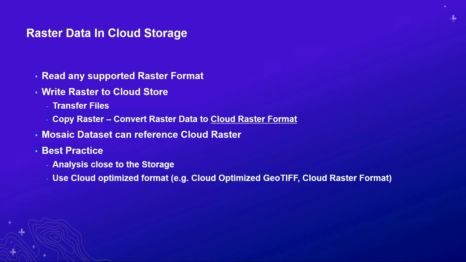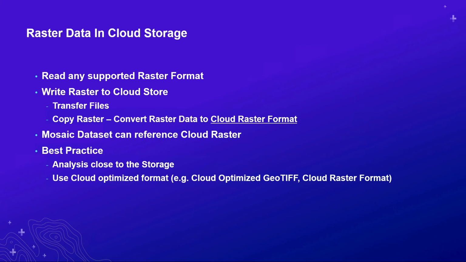And when you are managing raster data in the cloud store, we support reading of any supported raster format that you have in the cloud store. If you want to write raster to the cloud store, you can either use the Transfer Files geoprocessing tool. What this tool does is transfer the image files as is to the cloud store.